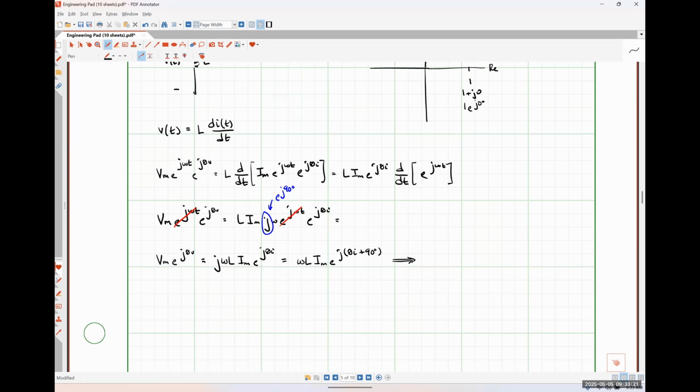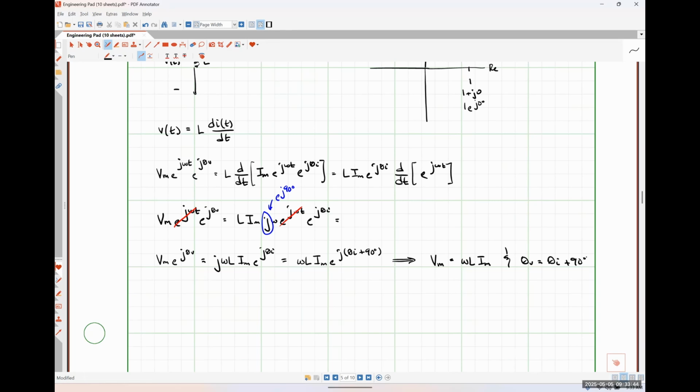So from these relationships, I can see that the magnitude of my voltage, Vm, is equal to just omega L times Im, and I can see that the phase angle of my voltage is going to be equal to the phase angle of my current plus 90 degrees.